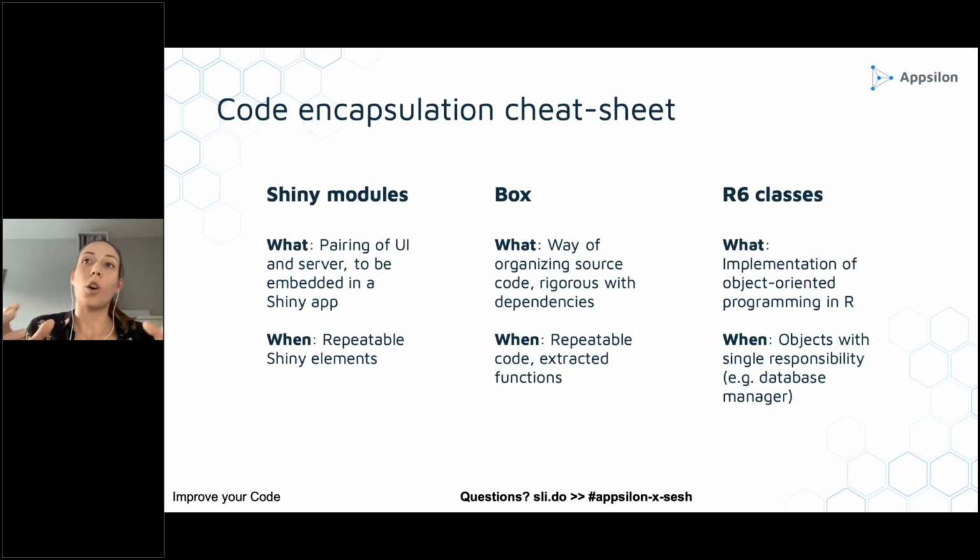Whenever you have objects that have a single responsibility and you want to put that in the object with the whole logic that comes with it. So for example, that can be a database manager, where you have all the operations to get the data from the database, save the data, update the data, or even delete the data within that object.